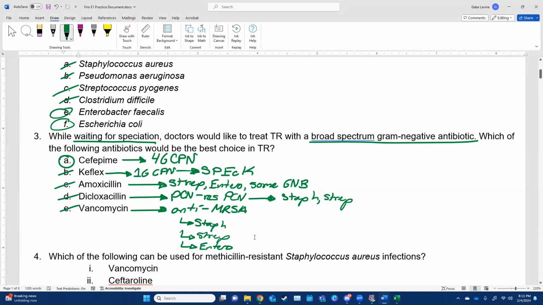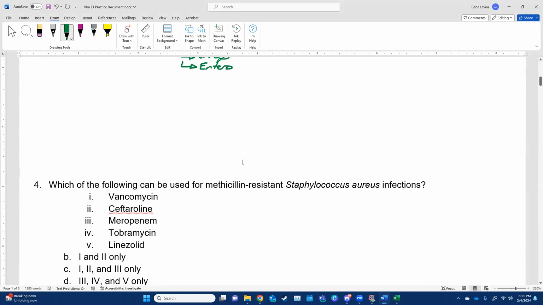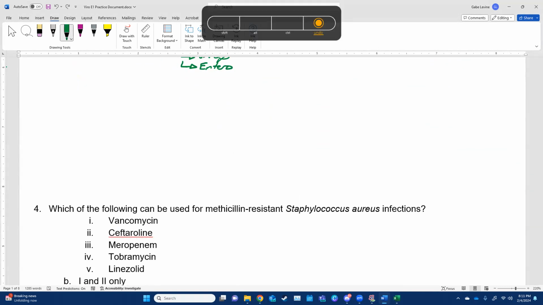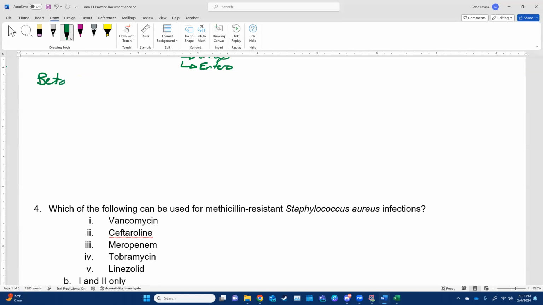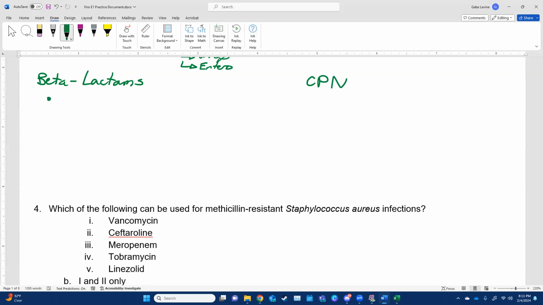All right, let's talk about some things to remember about cefepime. Specifically, let's talk about beta-lactams in general, and then we'll talk about cefepime and other cephalosporins. So what are some things that we need to remember about beta-lactams in general? They apply to penicillins, cephalosporins, carbapenems, aminoglycosides, all that kind of stuff.